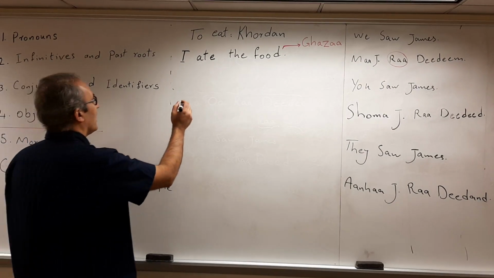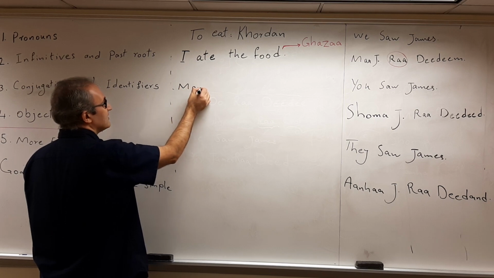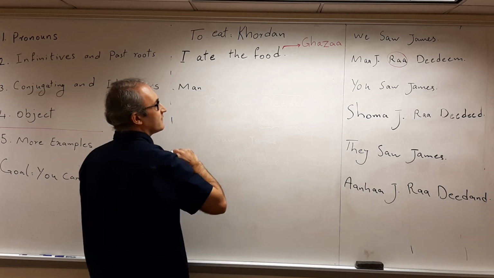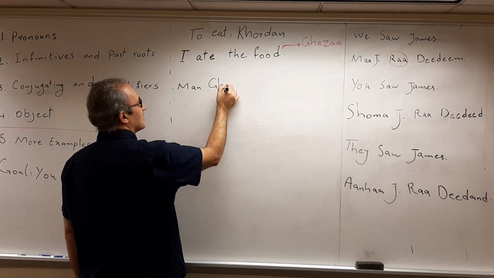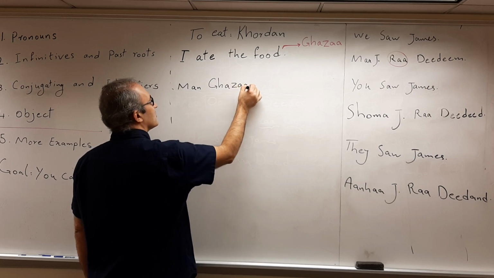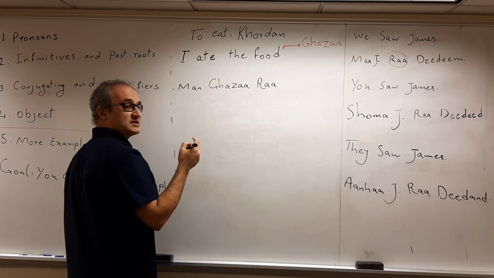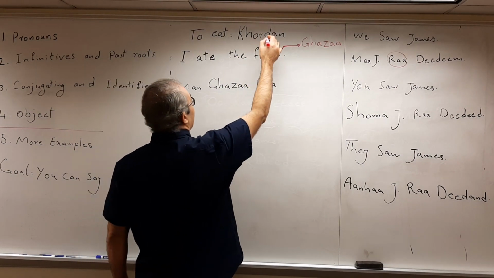I'm sure you did it now. Okay. I, man. What is the object? The food. So I have to say man, ghaza, ra. And what is the verb here? The infinitive is khordan.